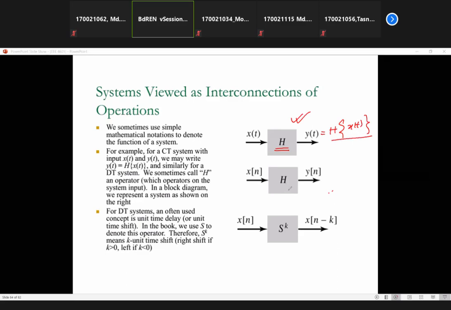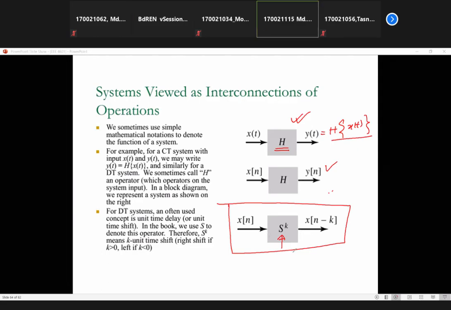A similar case can be there for discrete time. One of the operators is shown there. This S operator is called the time shift operator. It will have an index k. So if k is there, what operation is being performed by this system? It shifts the signal by k samples to the right.